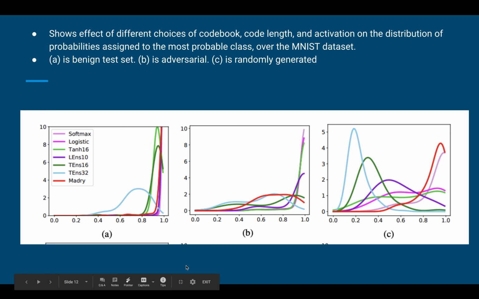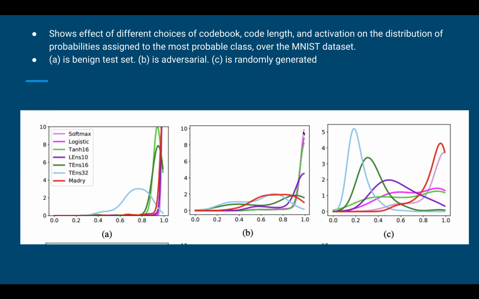Okay, so now let's compare the performance of two models. The first being the softmax model depicted by this light pink line that uses one hot encoding and softmax decoding, and the 1016 model, which uses Hadamard encoding and sigmoid decoding. Both of the models are confident on benign examples, which is desirable. But for adversarial and random examples, we can see that 1016 is much less sure about the most probable class than softmax is.